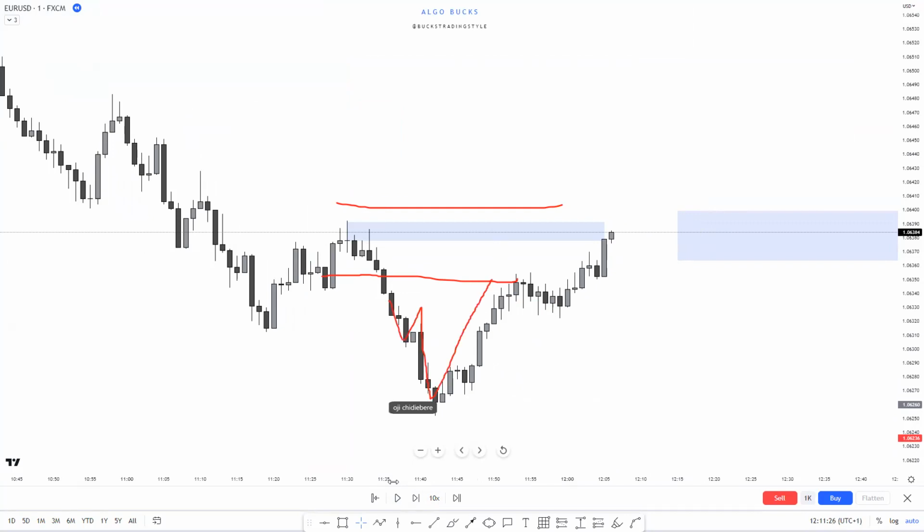So I took a sell off this rejection candle here, based on the M1 liquidity and then the M5 refined level. So I took a sell here and I got stopped out.